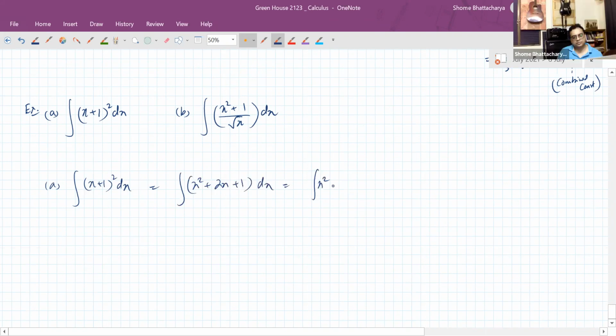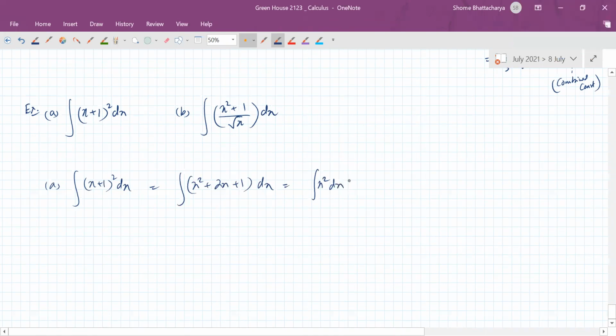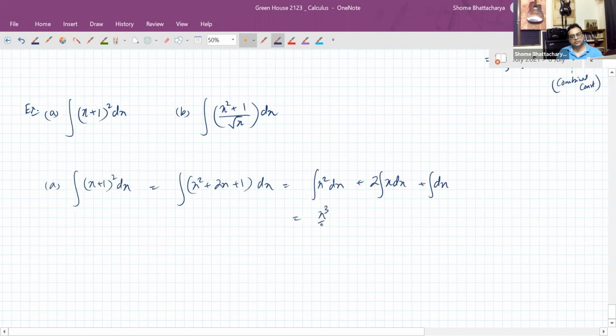And then you use the distributive property. So this one's integral becomes x cubed by 3. This one becomes 2 into x squared by 2. This one just becomes x and the combined constant. So our answer becomes x cubed by 3 plus x squared plus x plus c.